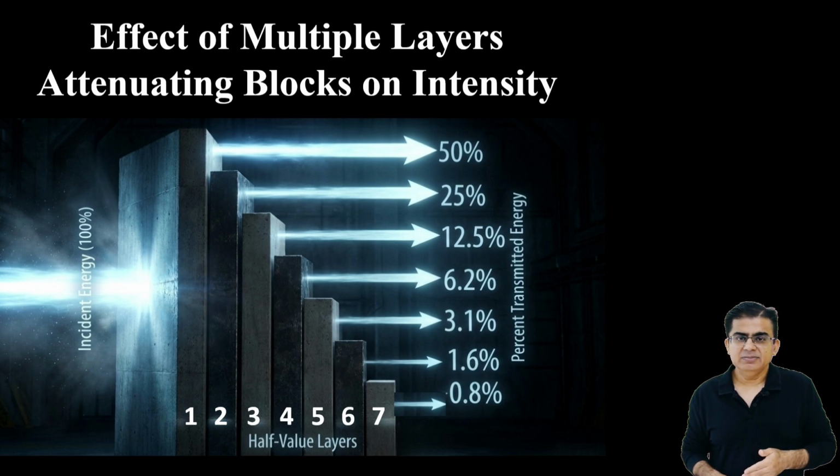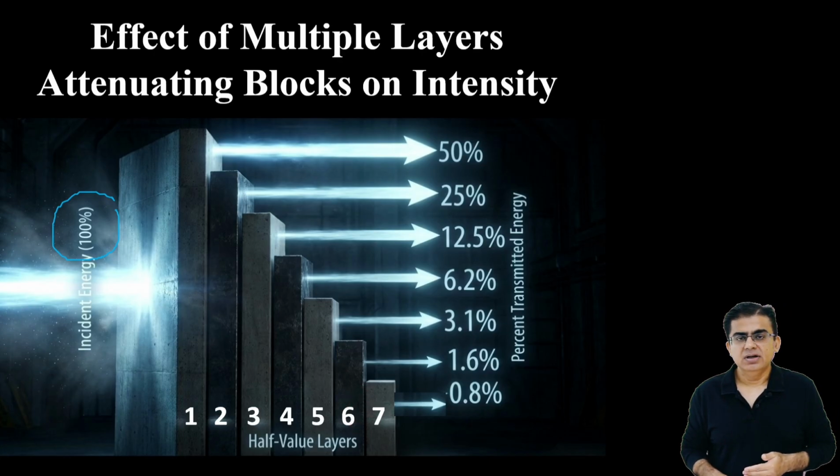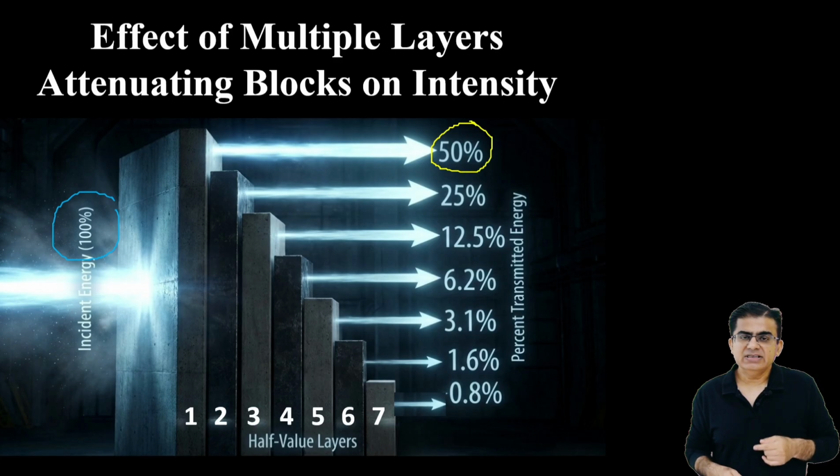As the treatment beam pushes through each subsequent layer, it gets weaker and weaker. After passing through the first layer, the intensity drops to 50%. After the second layer, it drops to 25%.